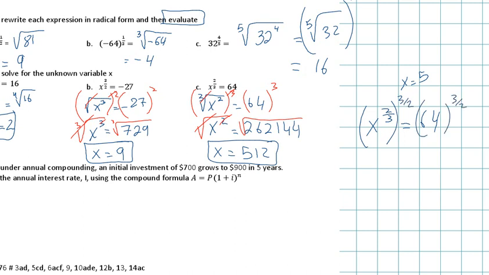So you raise it to the power of 3 over 2, these cancel each other, and you have x equals 512. This would be one step.